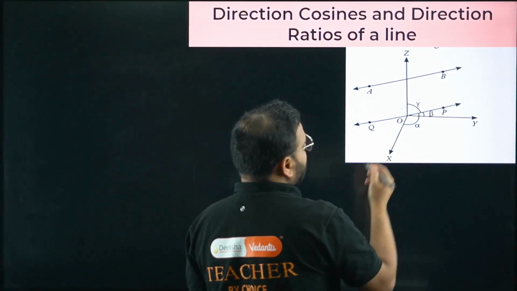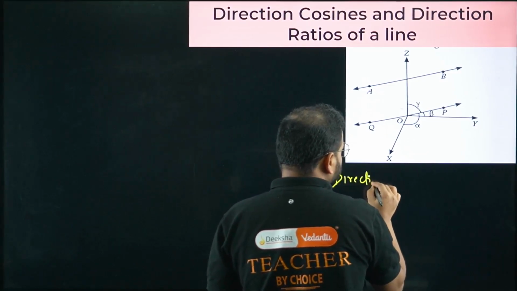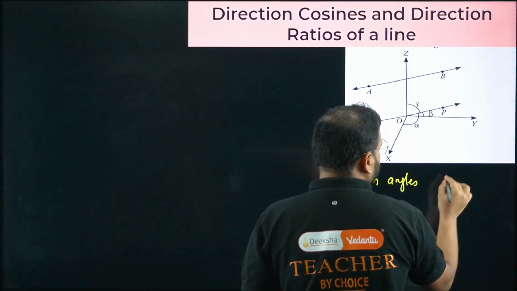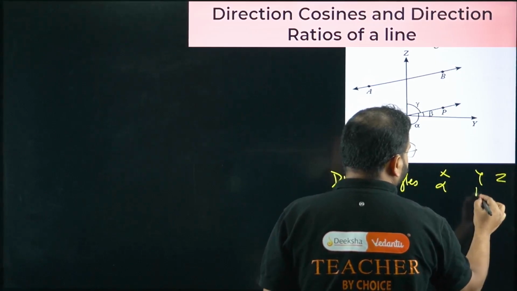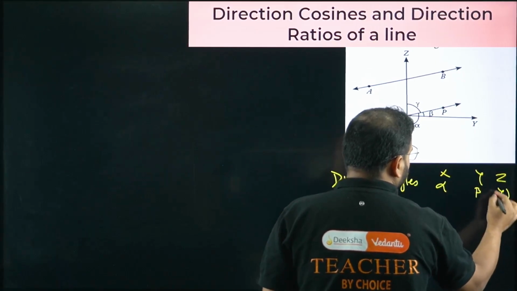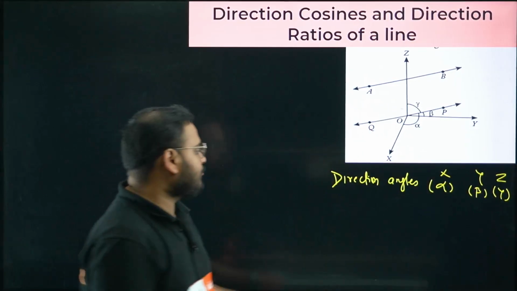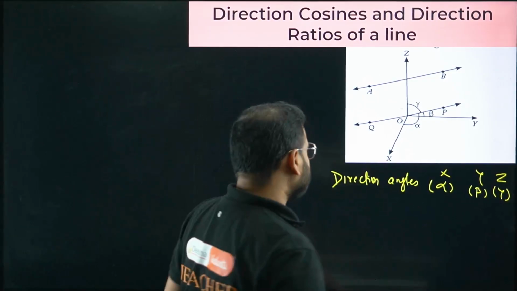They are called direction angles. Direction angles across x, y and z are alpha, beta and gamma. Once we know the value of the direction angle, we can find direction cosines very simply.